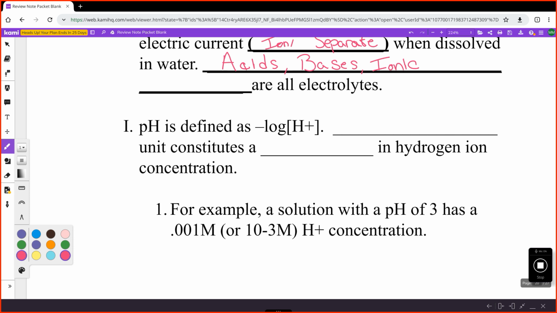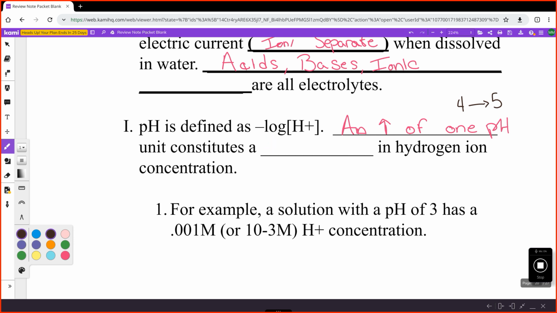For instance, an increase of 1 pH unit, such as going from 4 to 5. We've increased the pH from 4 to 5. We've become more basic in this case. We're still acidic, but we're more basic at 5 than we were at 4.